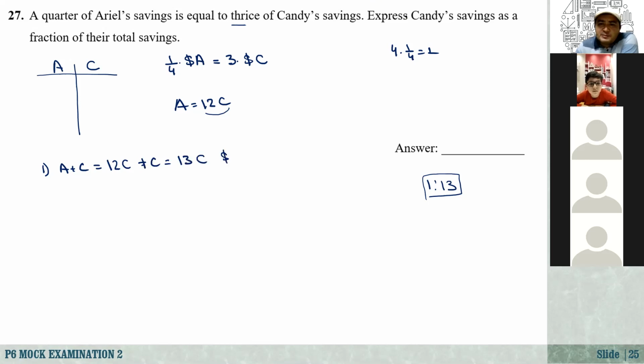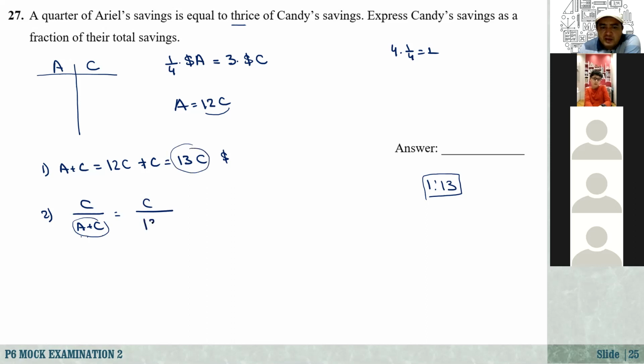But what is the question? Express Candy's savings as a fraction of their total savings. So now we need to express Candy's savings. How much did Candy save? C dollars. I don't know how much. It is C. And in total, it is A plus C, Ariel's money and Candy's money. So C over, together they have 13C dollars.